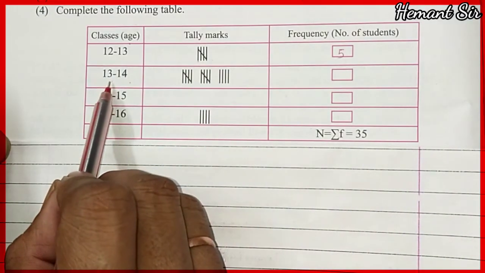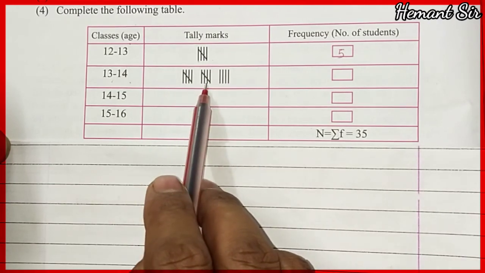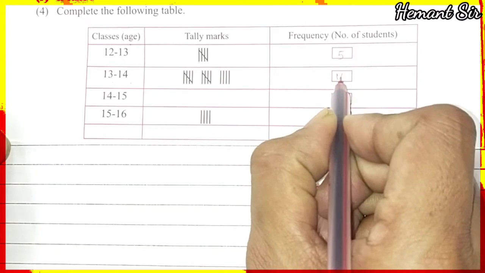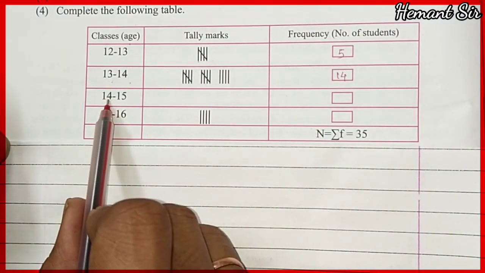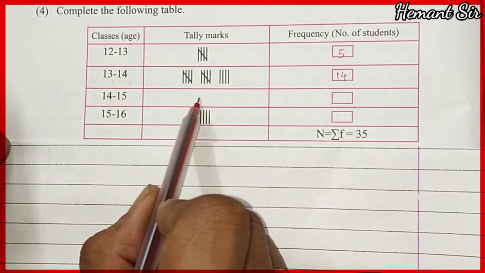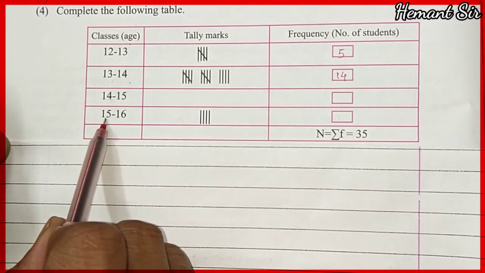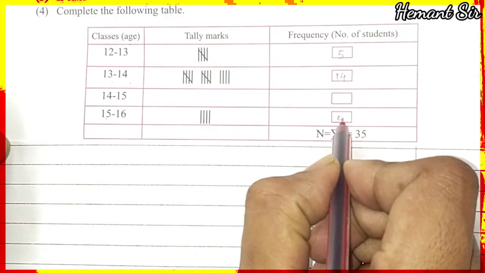Here for 13 to 14, 5 plus 5 is 10, 10 plus 4 is 14, so here we have to write 14. The number for 14 to 15 is not given, so we will write it later. In 15 to 16 we have 4, so here we write 4.